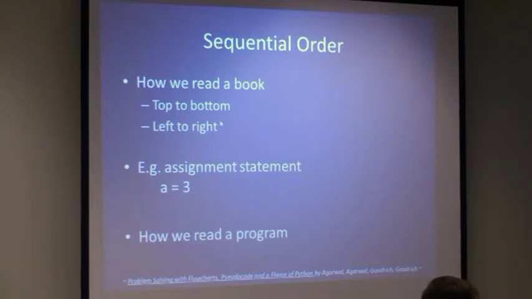Now in Japanese, etc., I'll stay away from all those examples. In Arabic, you go right to left, etc. But in programming and in English, we go top to bottom, left to right. So this is an assignment statement where you take the number 3, put it in the variable called A. And we think of it as follows.